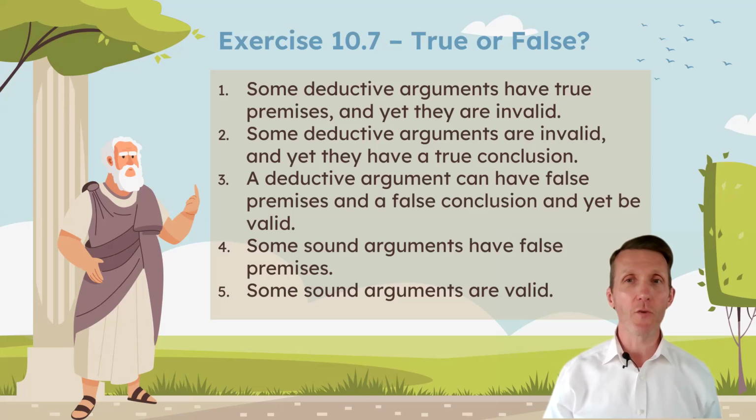Number two, some deductive arguments are invalid and yet they have a true conclusion. Think about this one. Yeah, that's also true, because there's no connection between validity and truth. Validity concerns the internal logic. Truth is something else that concerns whether or not the claim corresponds to reality.